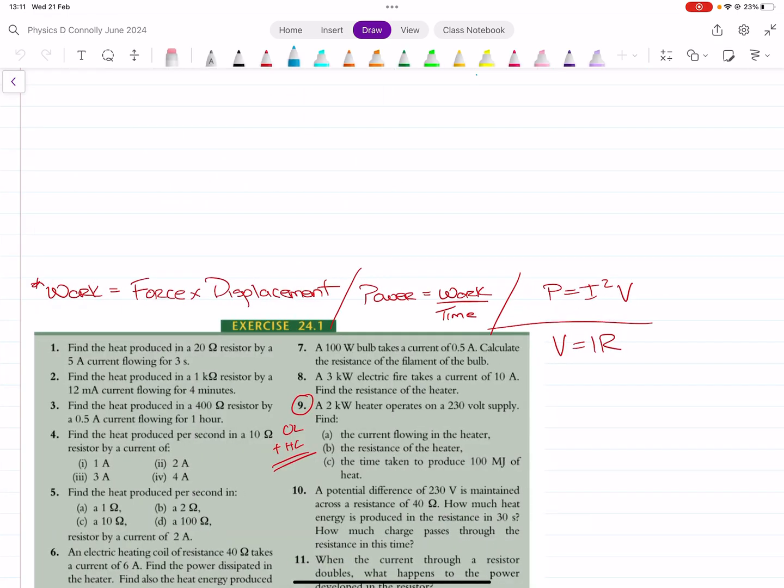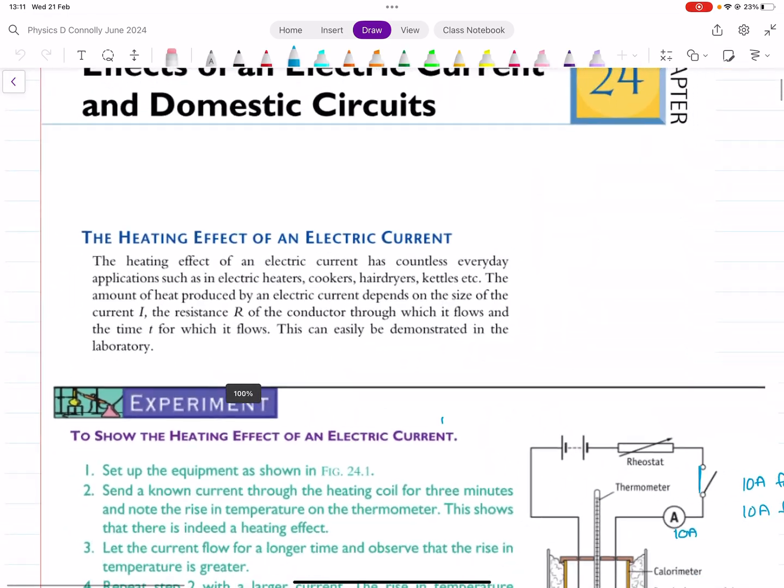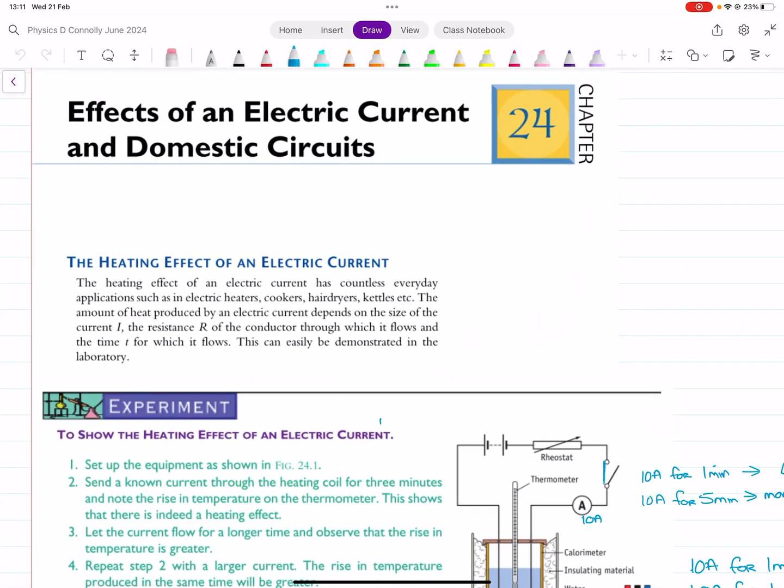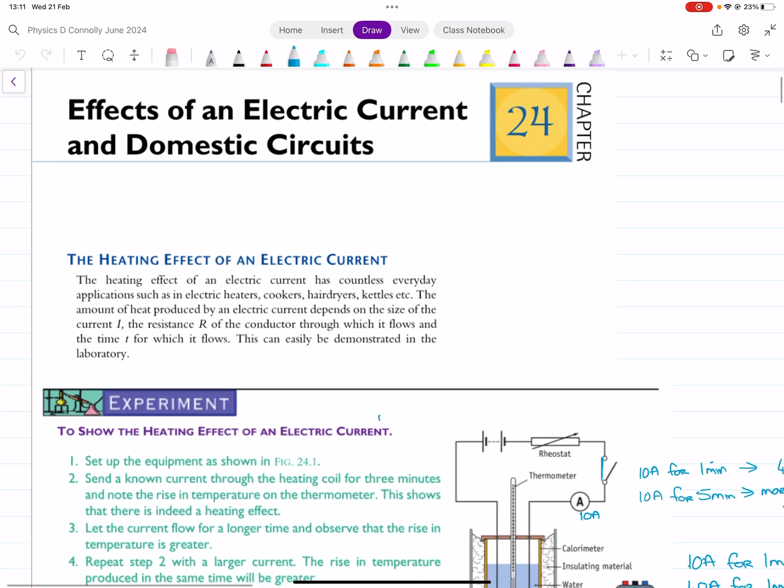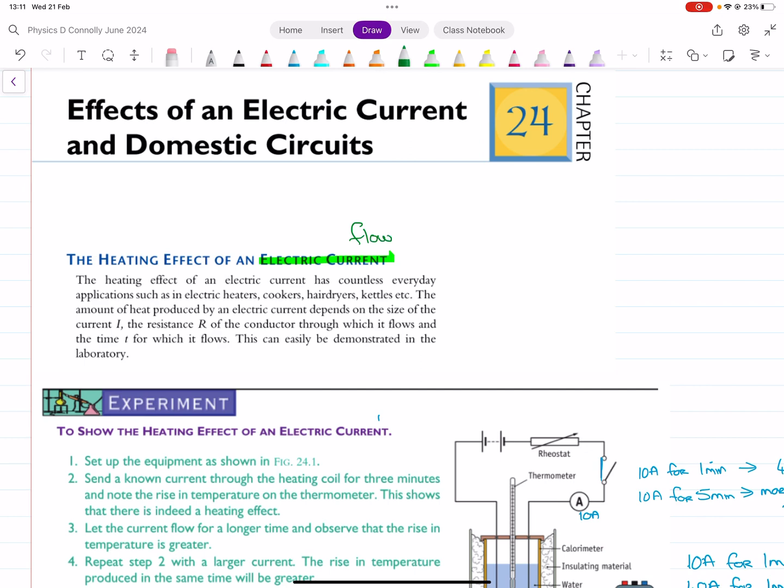Right, I'm back in here. So we talked about electric current. Electric current is the flow of electric charge.